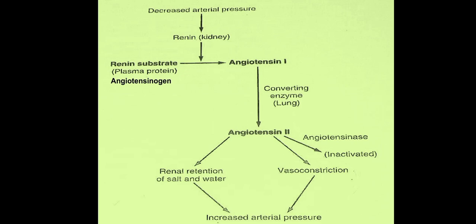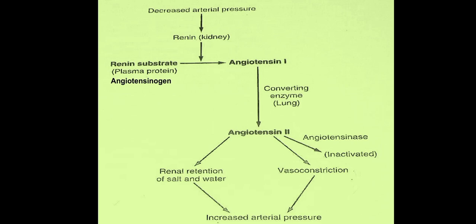Because angiotensin 2 causes reabsorption of more salt and water, this increases the arterial pressure to normal. Angiotensin 2 also causes vasoconstriction, so constriction of the vessels increases the blood pressure up to the normal limit. So that is the total renin angiotensin system.